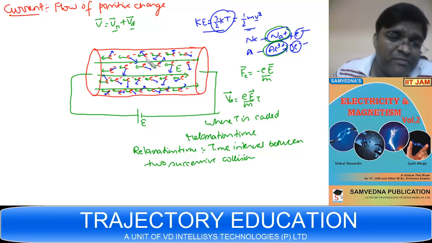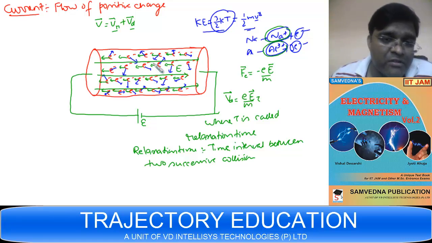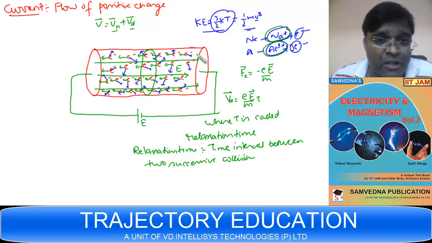When I come to current, if I draw again the same cross section, earlier also this random velocity was not contributing anything to the current. If I talk about current, I talk about a system of electrons. Earlier, when there was no battery, the random velocity was not contributing anything to the overall motion of the system of electrons. And now also it won't contribute.